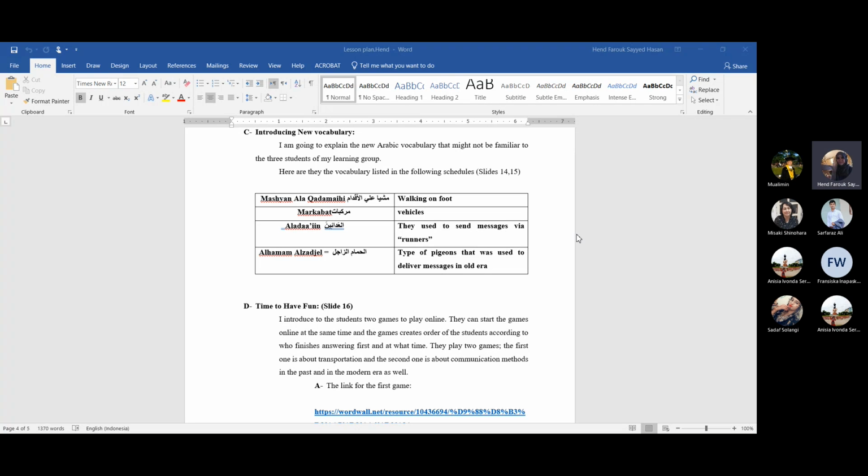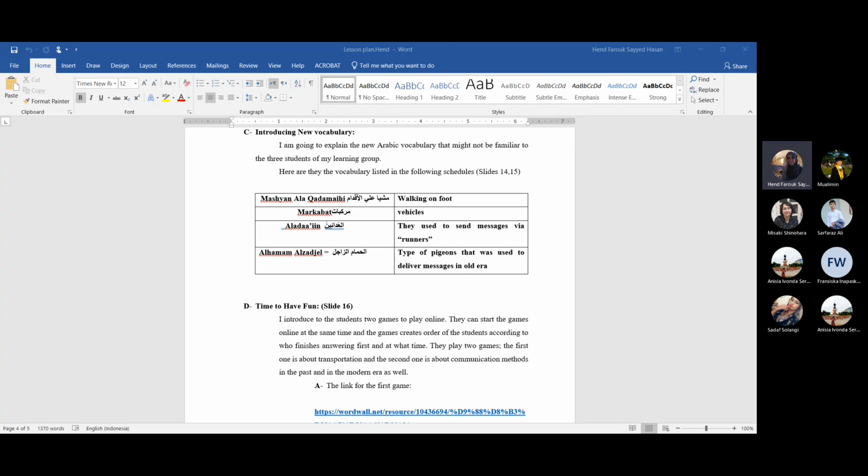Can you see my screen now very clear? Yes, but the size is too small. Actually, the PowerPoint is already on my full screen. Oh, I see. Okay, that's good. Can you see it now? Yes, yes.